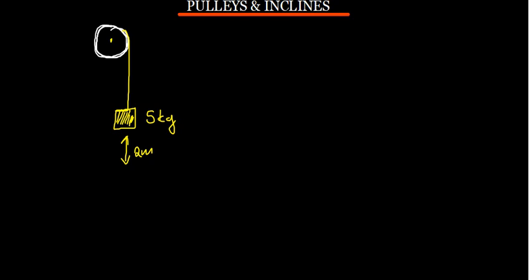Where it is at this position, it only has potential energy because it's not moving. When it drops, the potential energy is all converted into kinetic energy. Potential energy is still mgh, kinetic energy is half mv squared.